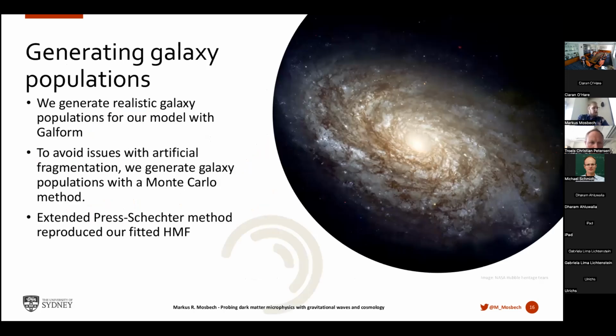So how do we generate our galaxy populations is the next question. We use this Durham semi-analytic galaxy formation code called GalForm. As I mentioned, we avoid this problem of artificial fragmentation by generating our populations directly using GalForm rather than running GalForm on a halo merger tree.